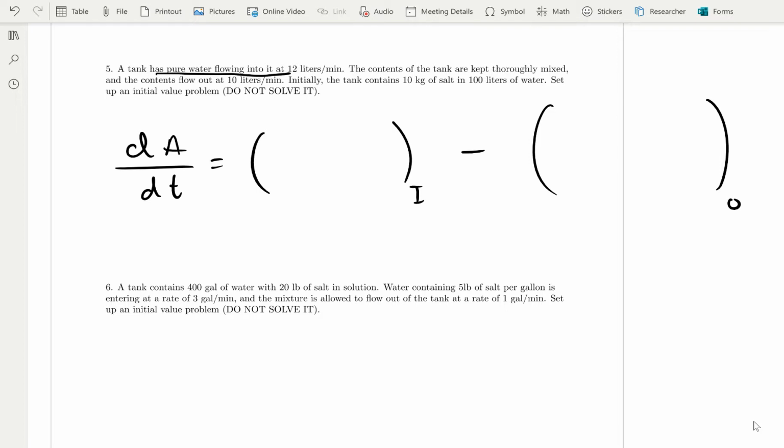So pure water flowing into the tank means no salt or no pollutant coming into the tank. So the concentration of salt or pollutant coming into the tank is 0 because there's nothing coming in, right? And it comes in at a rate of 12 liters per minute, but it doesn't even matter because 0 times 12 is 0. So 0 minus, we have to talk about the outflow.